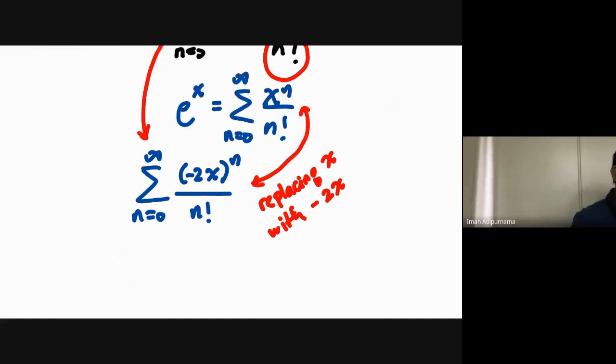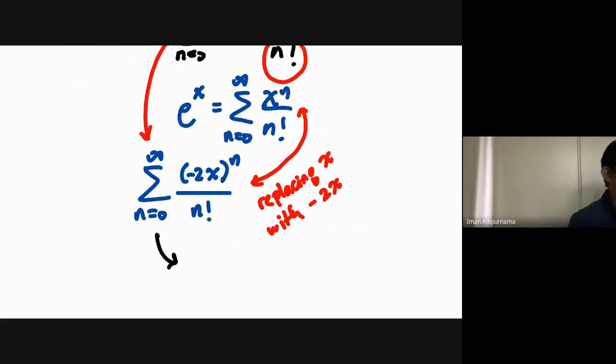So we can conclude that the function that's represented by the series is e to the -2x.